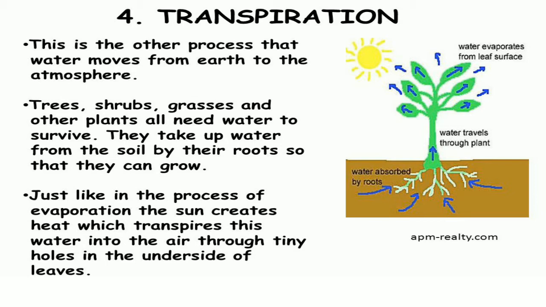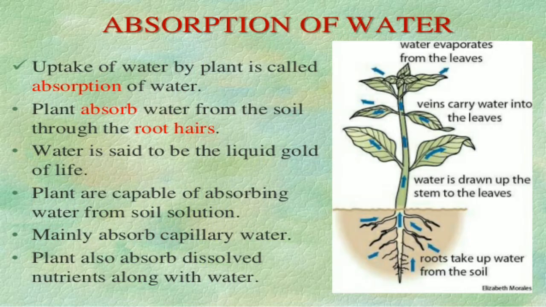Just like in the process of evaporation, the sun creates heat which transfers this water into the air through the tiny holes in the underside of leaves. So children, you all understand that plants get water from the soil through roots.